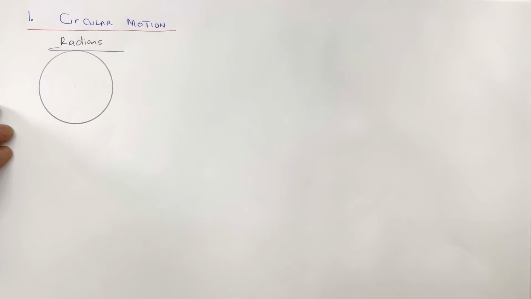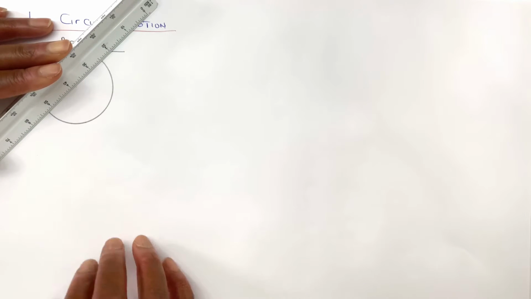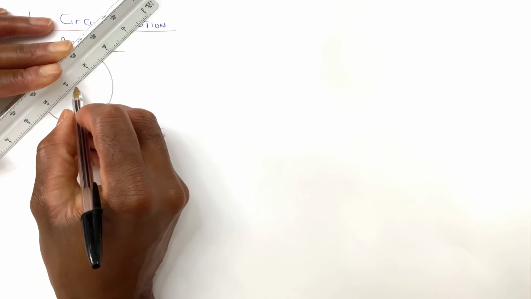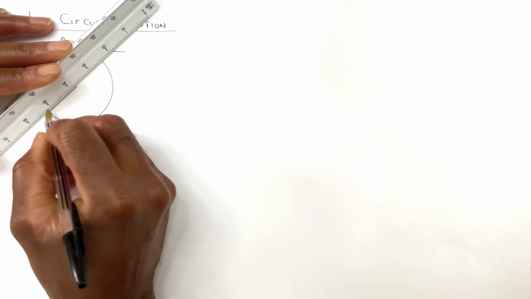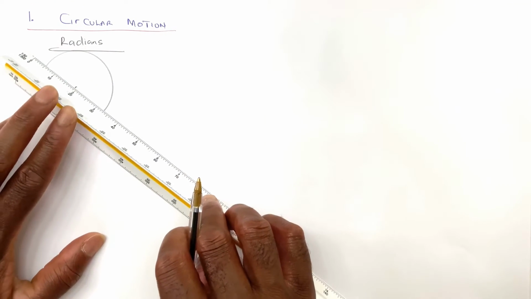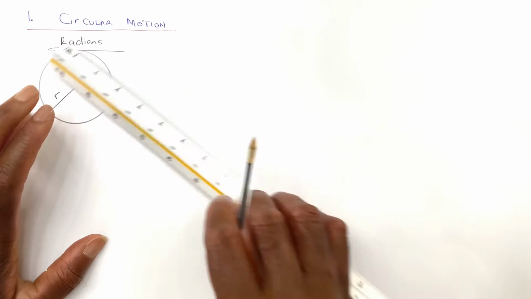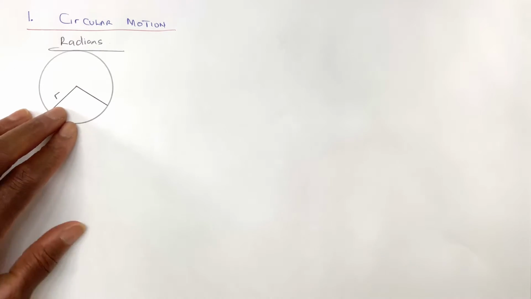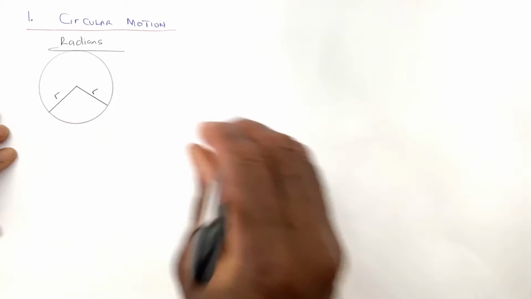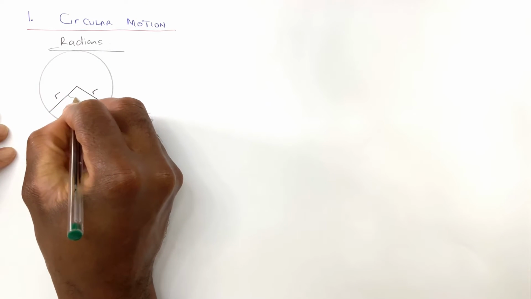If I draw from the center of the circle to any part of the circumference, that will be the radius. So that's a radius there, and another from the center to there. So I've created a sector. So that's a radius, and then subtended an angle theta.